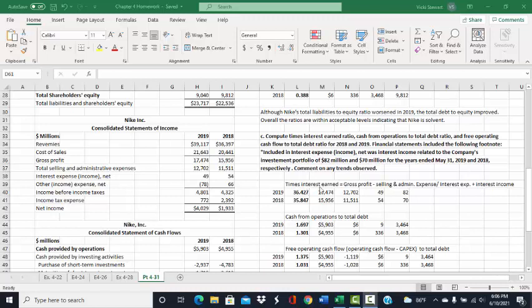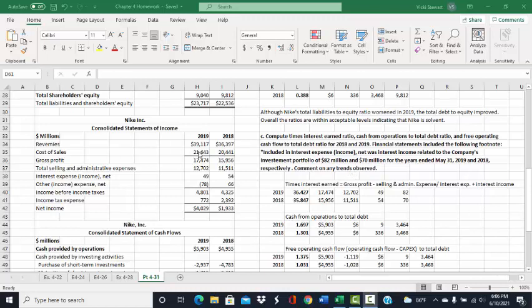The first ratio is times interest earned. Times interest earned is going to be equal to the gross profit on the income statement minus the selling and administrative expense, and we're going to divide that by the interest expense plus that interest income that they gave us in the footnote.